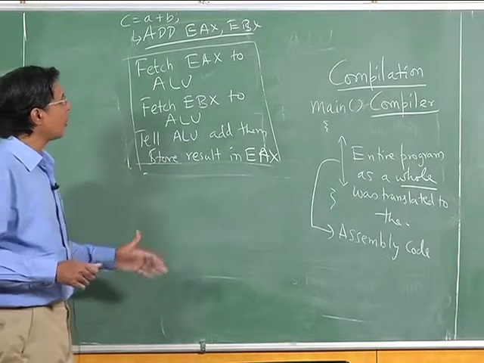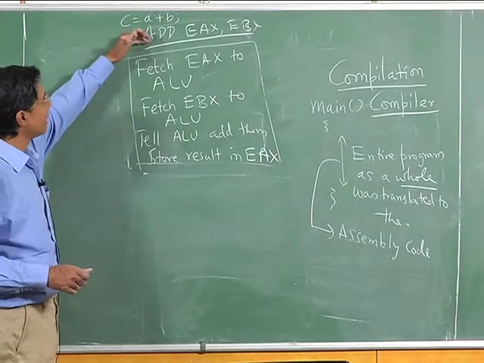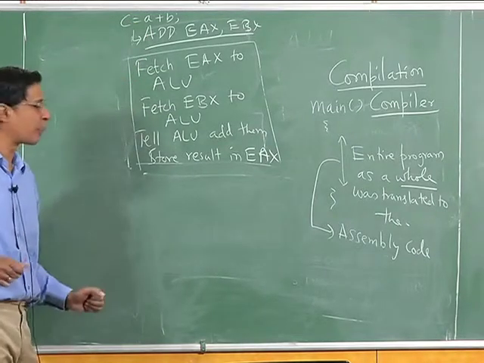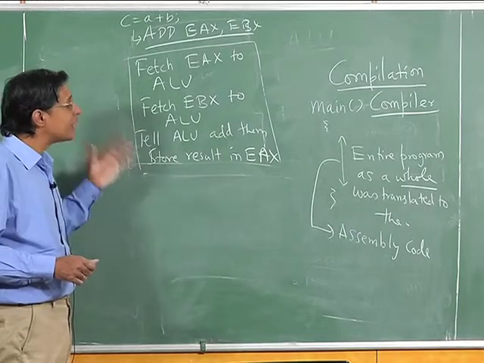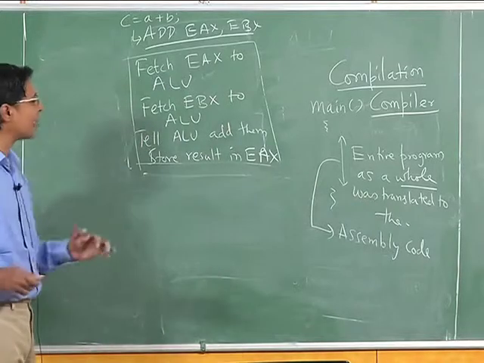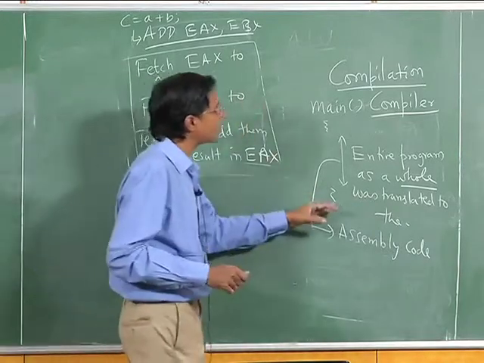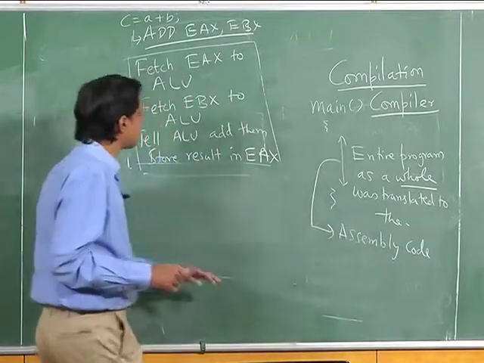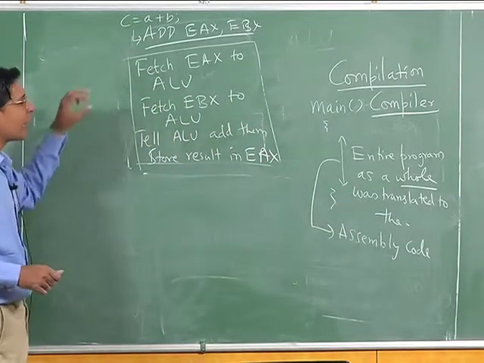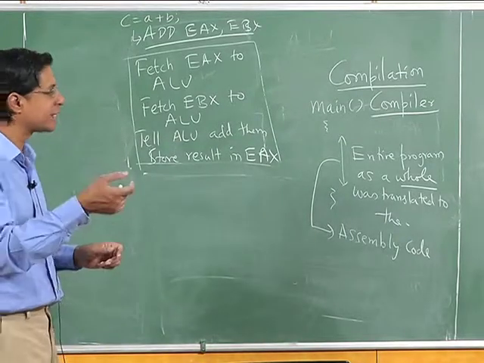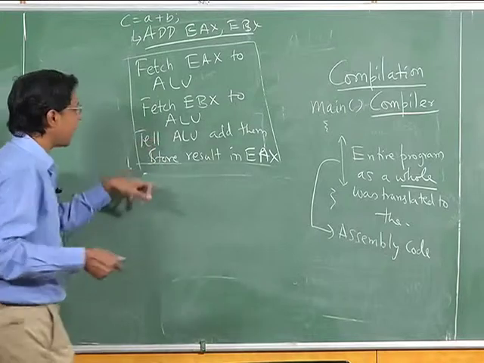So there is another translation wherein each assembly code is translated into the microprogramming instructions, but this translation is different from this translation. The main difference is here the entire program is compiled, translated, and then it is executed, but here every instruction of the program is taken, it is translated and immediately executed, then we take the next instruction, again you translate and execute.